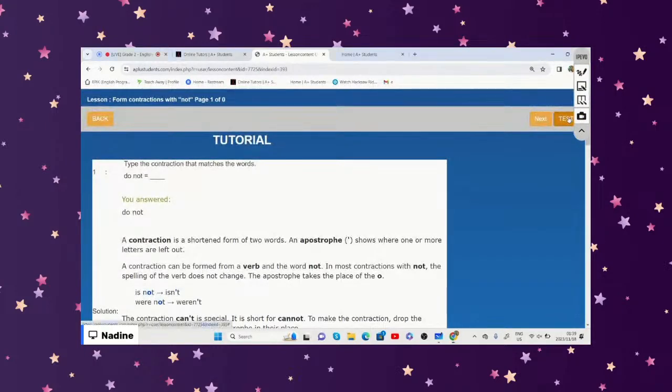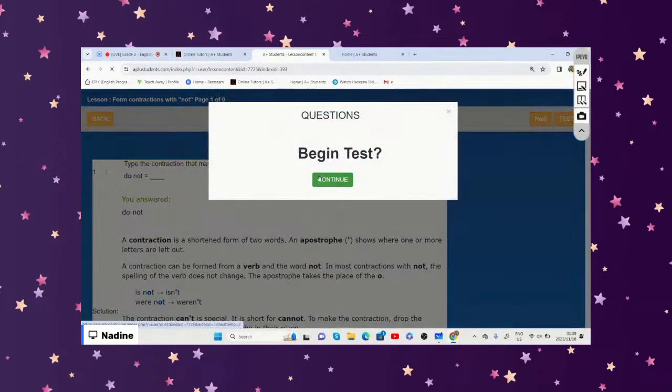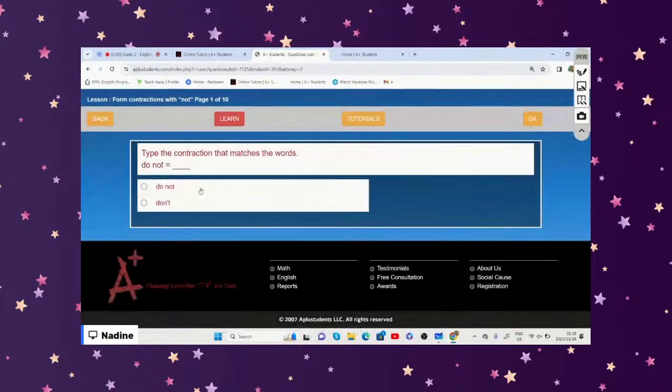All right, so now we're going on to our test. So we need to type the contraction that matches the words, right? Do not. Is our contraction do not, or is our contraction don't?